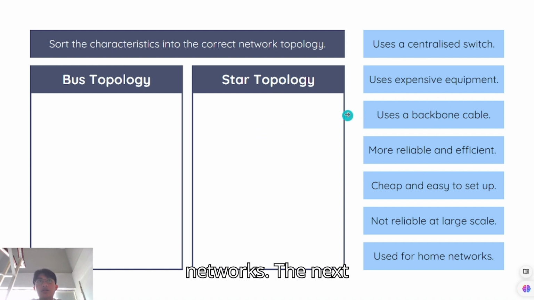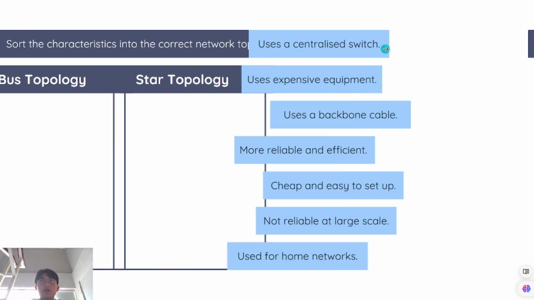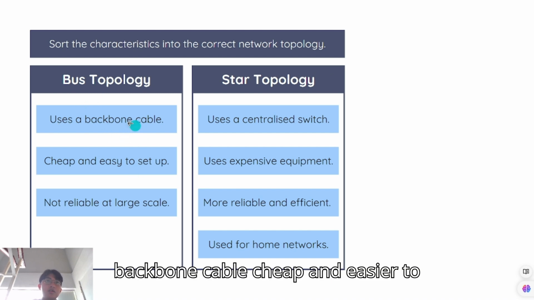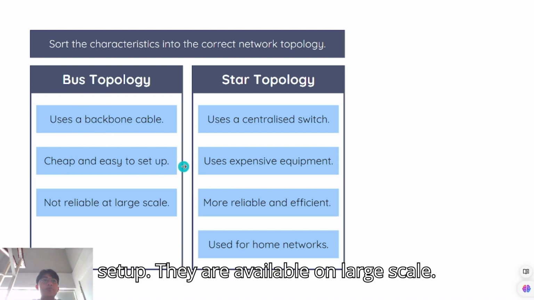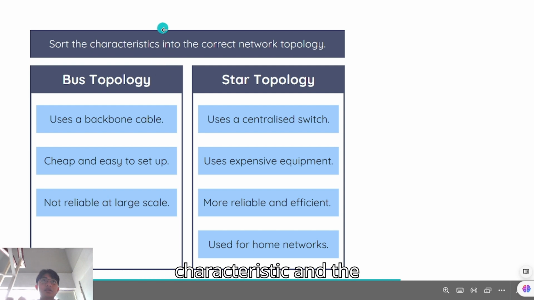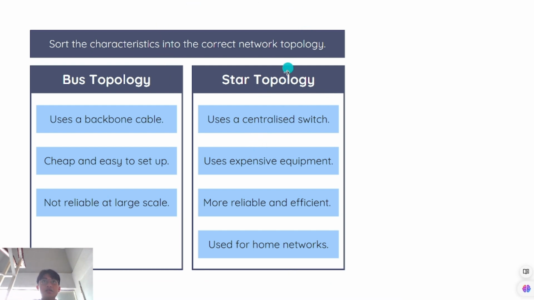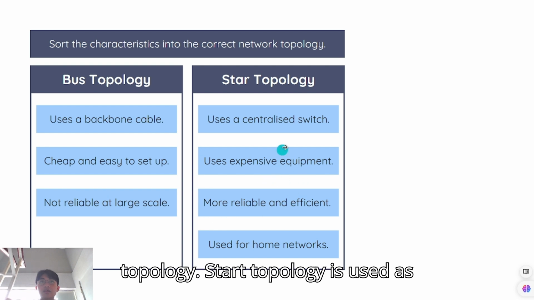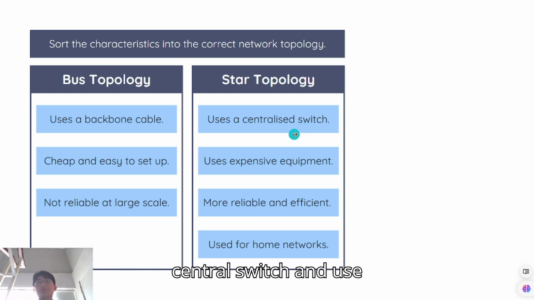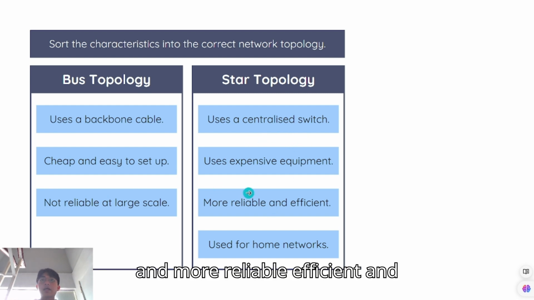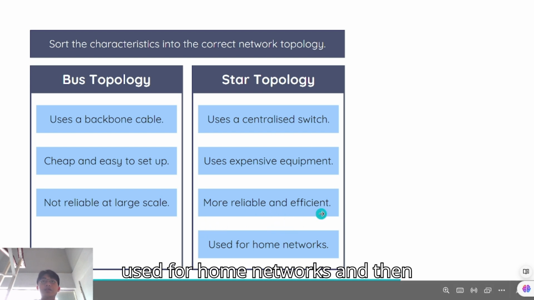The answer: bus topology uses a backbone cable, is cheap and easier to set up, and is not suitable at large scale. Star topology uses a central switch and expensive equipment because of the switch, is more reliable and efficient, and is used for home networks.